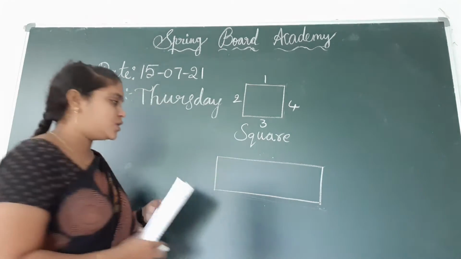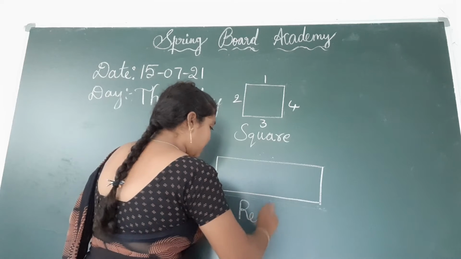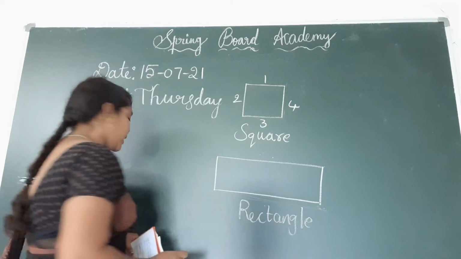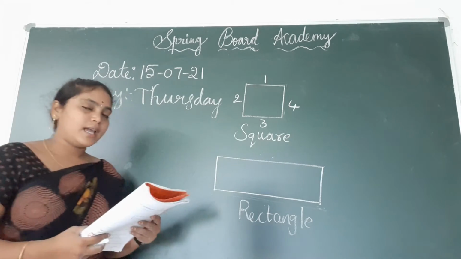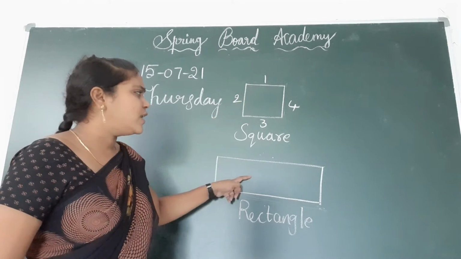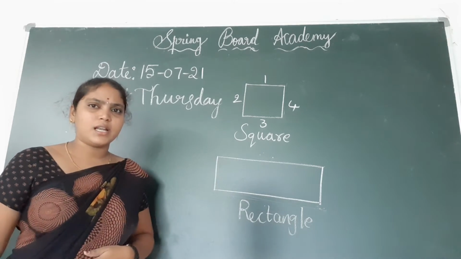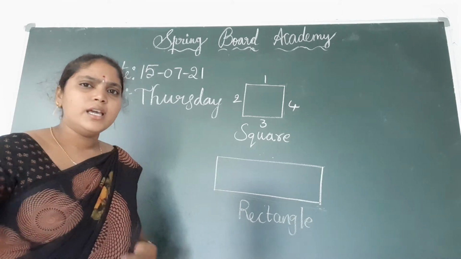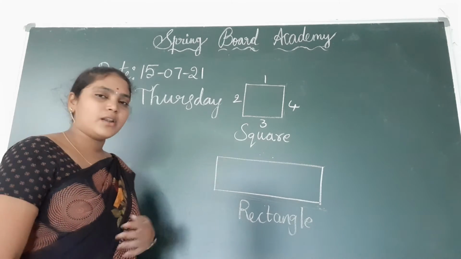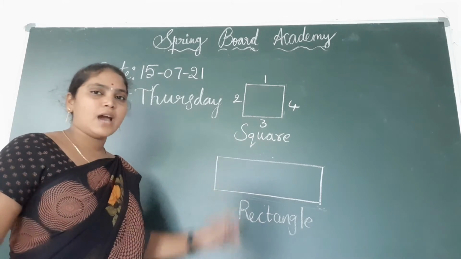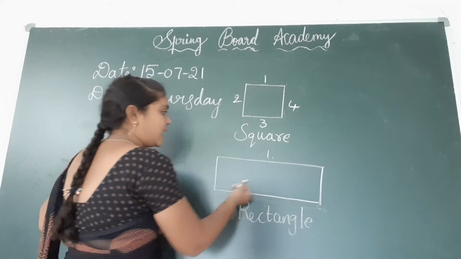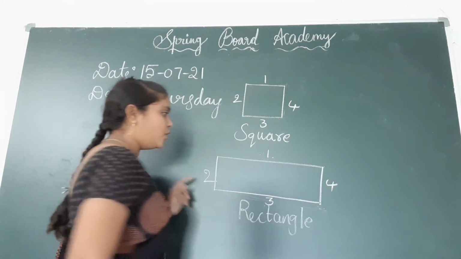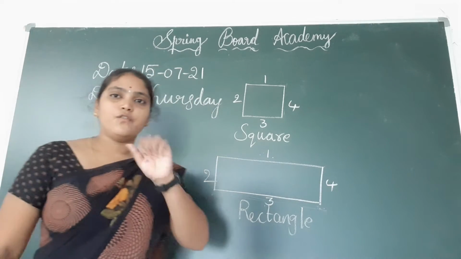What shape is it, children? This is a rectangle. R-E-C-T-A-N-G-L-E, rectangle. Can you identify the difference between a square and a rectangle, children? You can see this is a square and this is a rectangle. What is the difference between them? A square has 4 sides, and a rectangle is also having 4 sides.